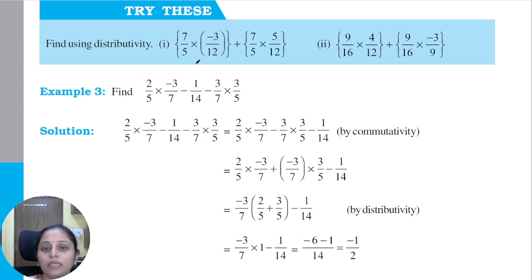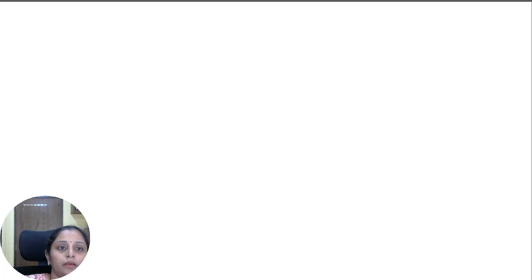So the first one is A into B plus A into C. I am going to write this as A into B plus C, where A is 7 by 5 for me here, B is minus 3 by 12, and C is 5 by 12.